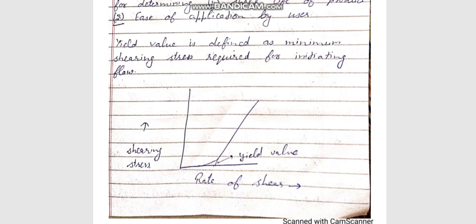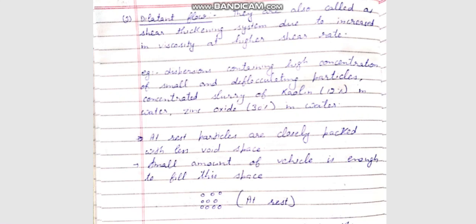This graph does not start from the point 0, but starts behind the point 0, and then goes on increasing. If we extrapolate this line, we achieve a point that is called the yield value, and this point will be helpful in determining the shelf life of the product. The third category of non-Newtonian fluid is dilatant flow.